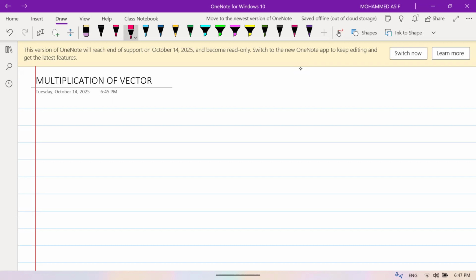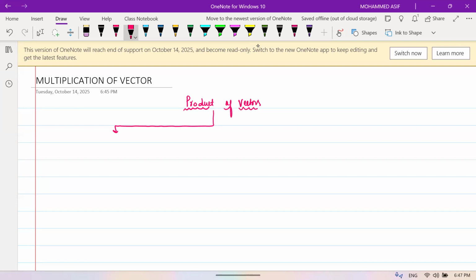Multiplication of vectors. The first heading: product of vectors. We have two products of vectors in our syllabus.